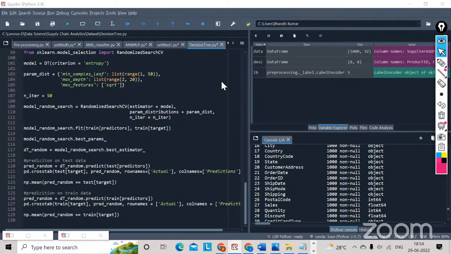Here I'm using a random search, grid search for my hyperparameter tuning. I mean, along with hyperparameter tuning, I'm also doing a grid search, random search.